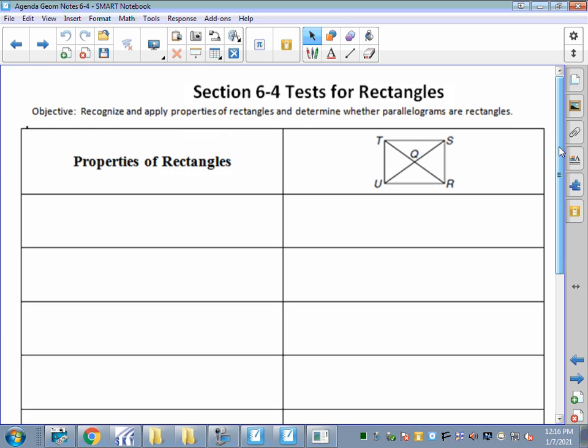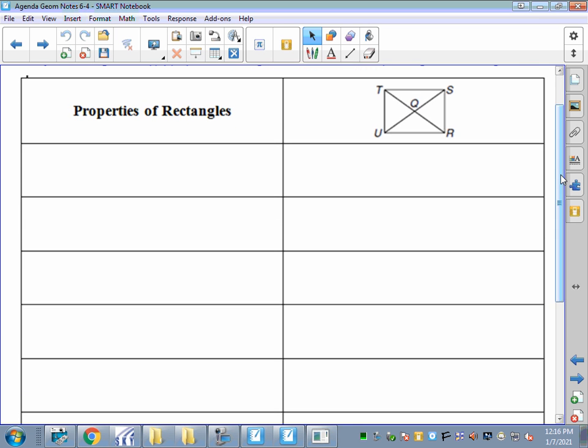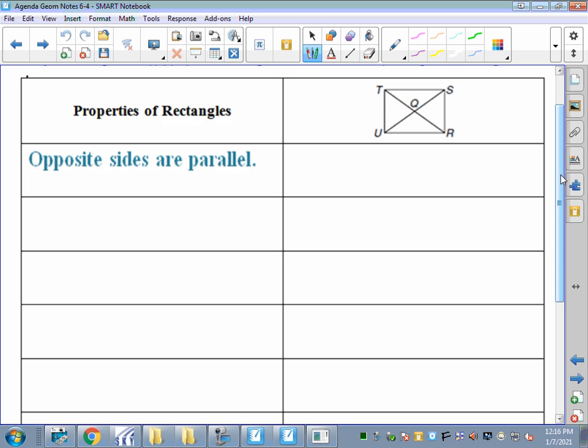So first of all, notice I've got myself an example rectangle up here, TSRU. I've got the two diagonals drawn in because the diagonals do make a difference. And our first property of rectangles is that the opposite sides are parallel. That's exactly identical, in case you didn't realize, to parallelograms.